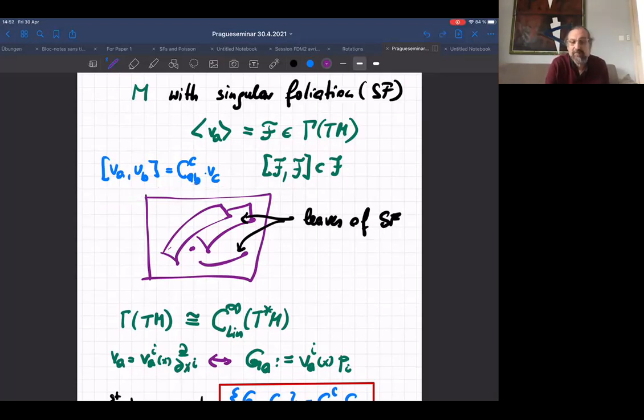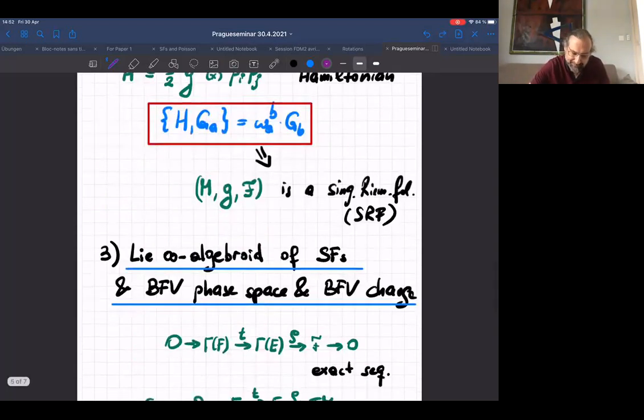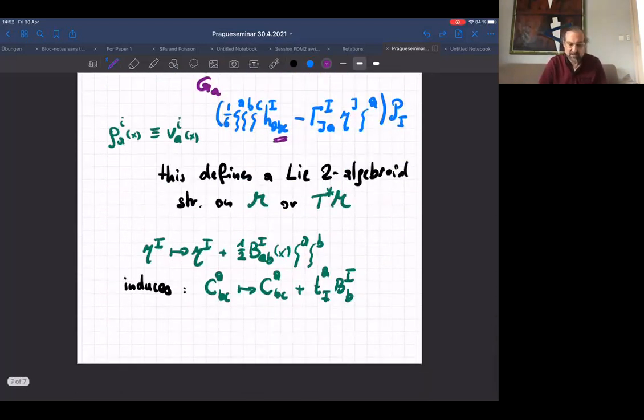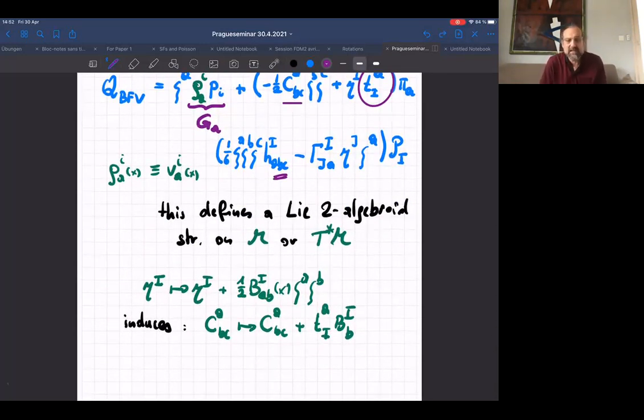But in general, we don't have this preferred choice, and that's an ambiguity which is in the game. And these transformations, which I mentioned below, precisely capture, under the assumptions of this resolution, all the ambiguity I have in the choice of C^A_BC. Okay, so this is precisely the ambiguity that we have.